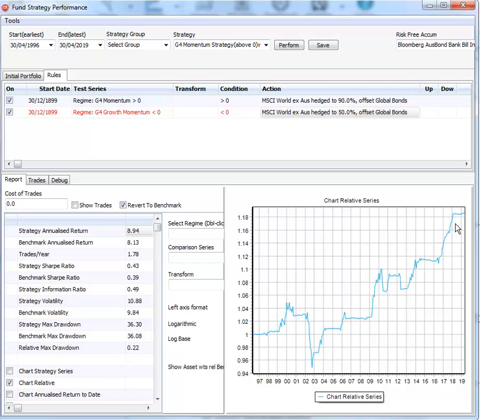So as you can see there, by and large, periods of fairly strong performance followed by flat periods. The exception, of course, is in 2002, 2003, where the strategy didn't work. And we saw that earlier on looking at the charts where, despite rising growth momentum, equity markets underperformed bonds quite significantly during that period.